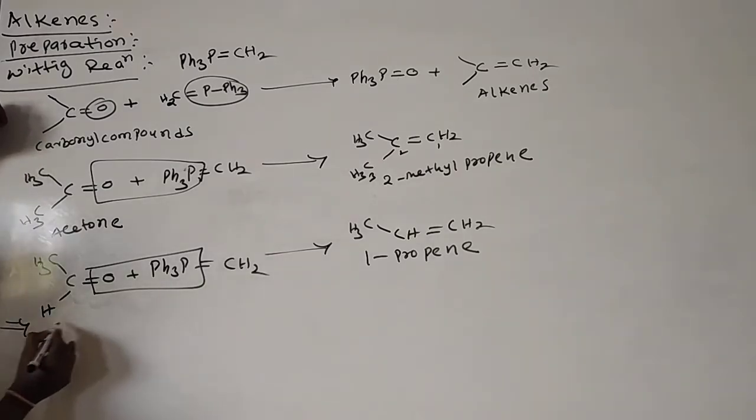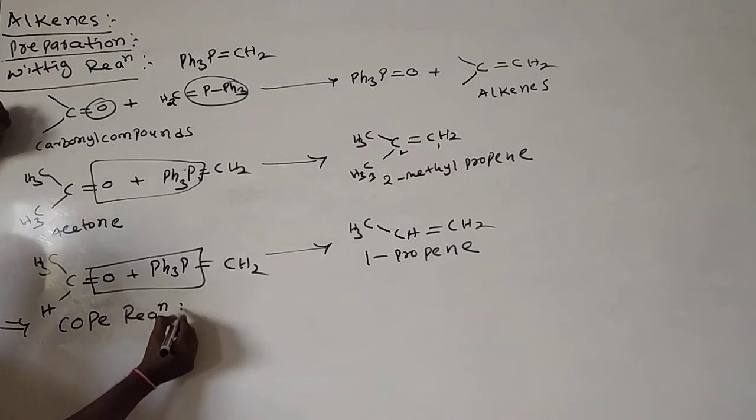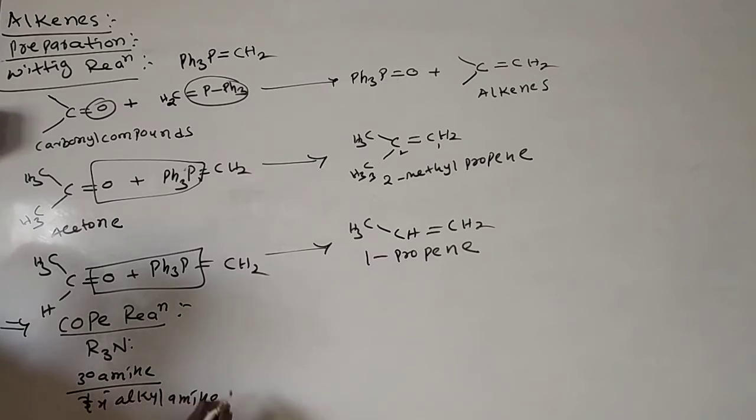Then, in continuation, we will see the Cope reaction. This is a specific reaction. Here we prepare alkenes from trialkyl amine, a tertiary amine.